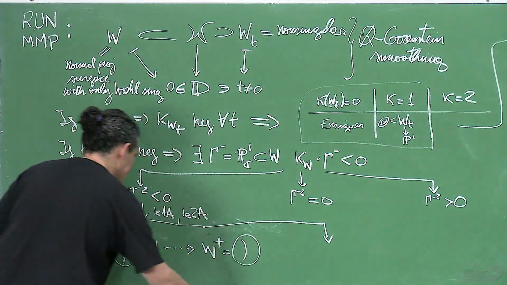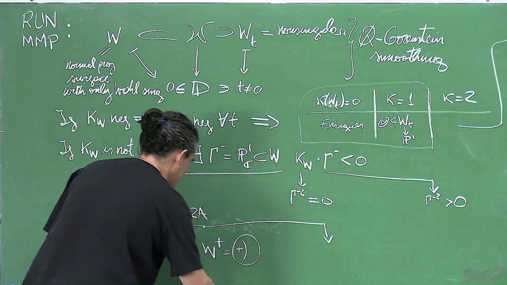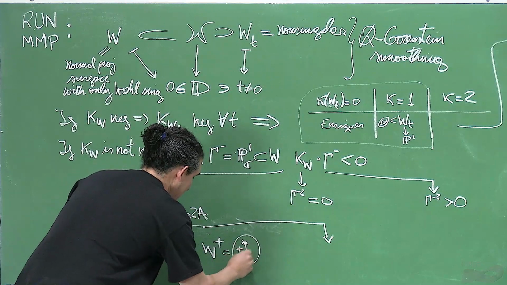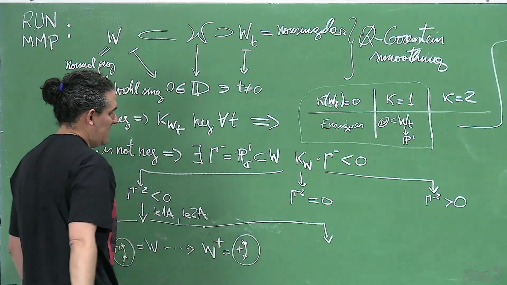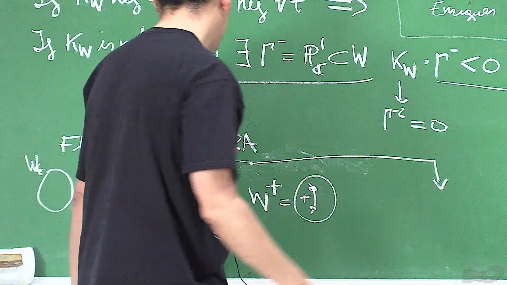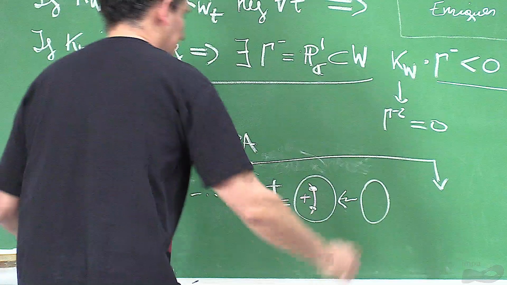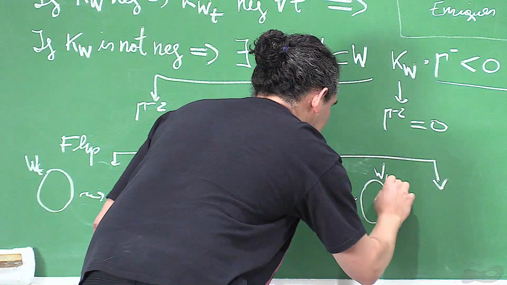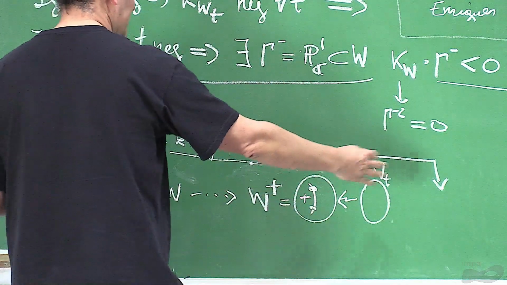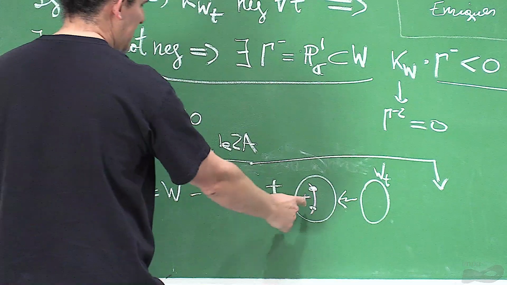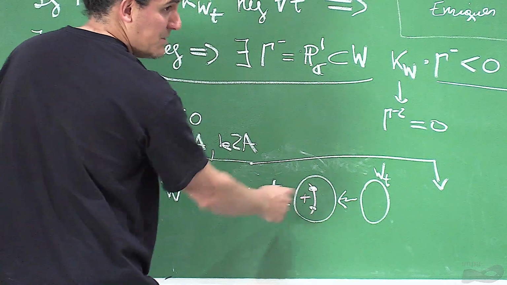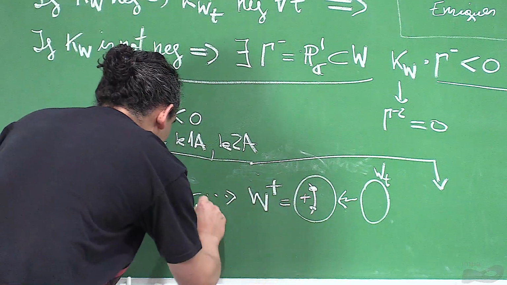This is negative. This is going to be positive with respect to the canonical class. And here you might have one, two singularities, or maybe you don't have singularities. And the WT here and here are isomorphic. Nothing happens really on general fibers. Everything is happening on W, on the central fiber. And this is the flip.